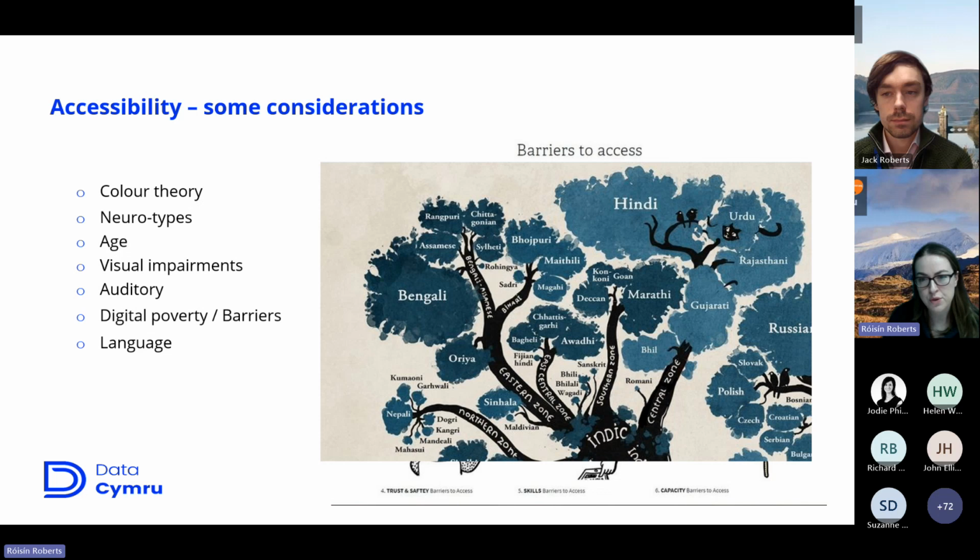And typically, when we're talking about neurodivergency, we're talking about people with autism or ADHD, but dyslexia is also included in the neurodiverse definition. 20% is a really significant portion of the population, so we want to make sure that we're appealing to all neurotypes when we're visualizing our data and when we're communicating.